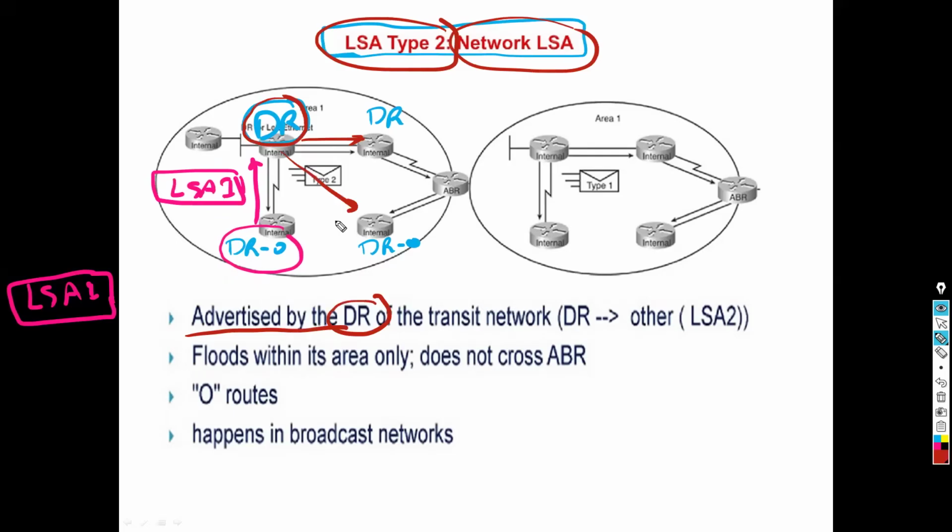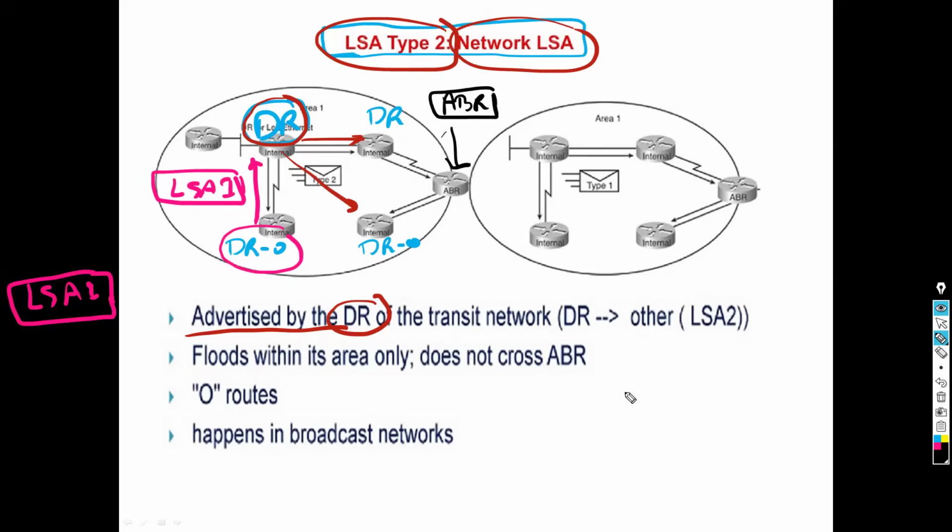This update floods within the area only. It is only available within the area and does not cross the ABR router. For example, in this design, this router is acting as the ABR, the area border router.